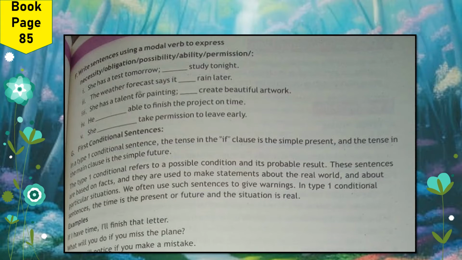Now let's move on to first conditional sentences. These sentences are used to talk about possible future events and their likely results. Try creating a few first conditional sentences of your own using the same structure. It's a great way to talk about future possibilities. Let's look at the examples together.